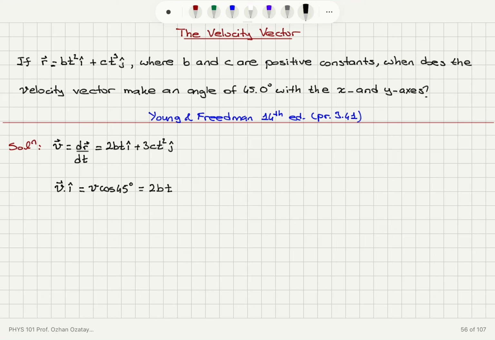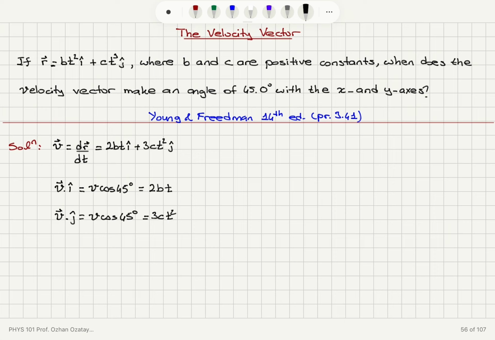On the other hand, when I take the dot product of the velocity vector with j hat, I obtain its y component, which is again v cosine 45, magnitude of velocity vector, magnitude of j hat times cosine of the angle between them, and this should be equal to vy, which is 3ct square.